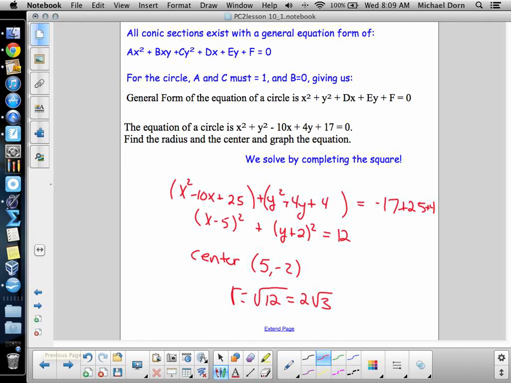We simply complete the square. We have to regroup the equation, x's together, y's together, leave the blanks to complete the square, and make sure when I add something on this side, I add it on that side. That's our process from going from general form to standard form.